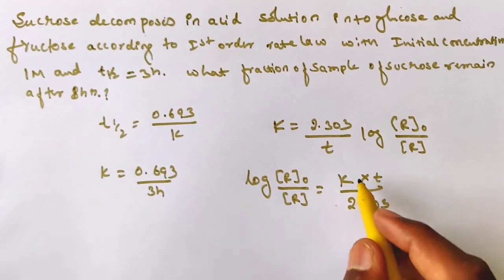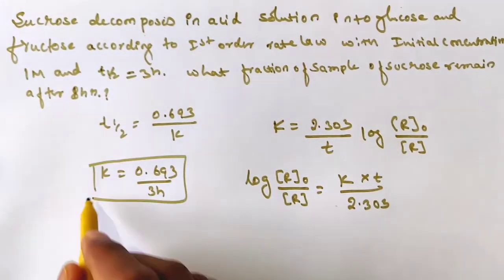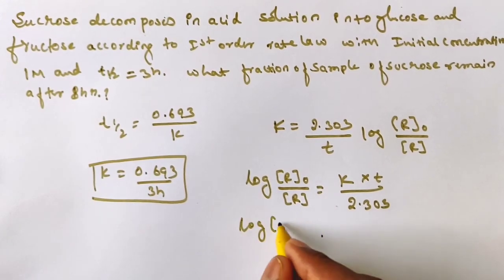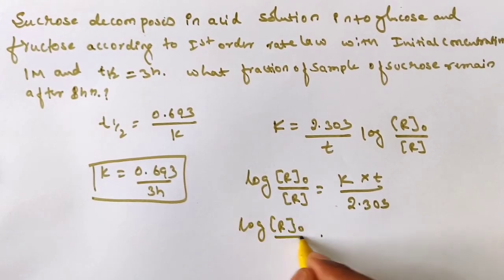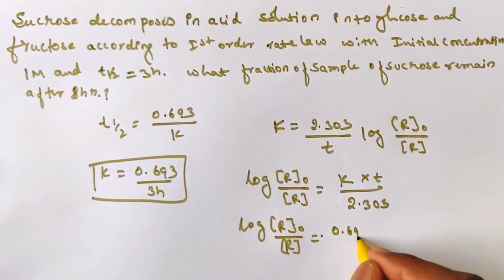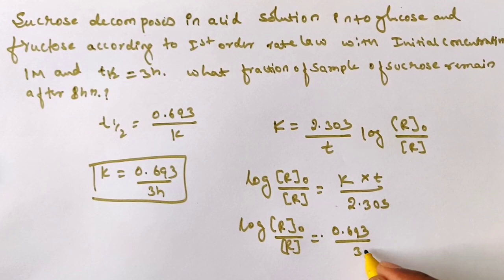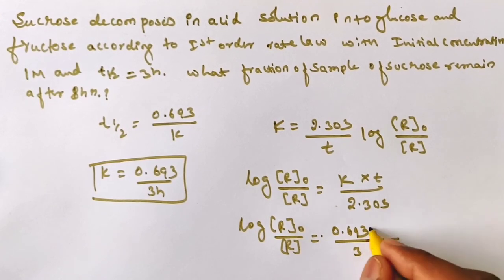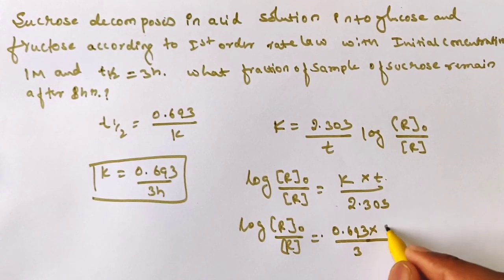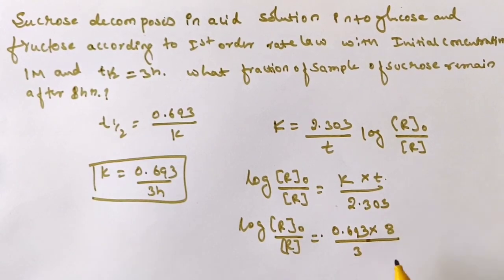So k we know, we can substitute, so we can write log R naught upon R is equal to 0.693 upon 3 hour into 8 hours, that is time t, upon 2.303.